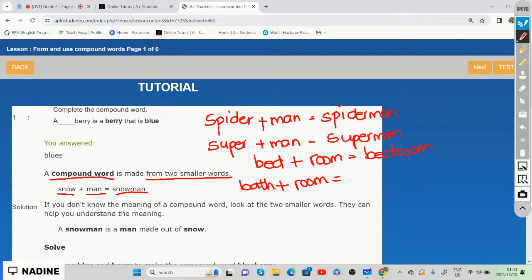We do our business in. So basically bath and room, the compound word is bathroom. Right? So that was basically just a few more examples of compound words, right?